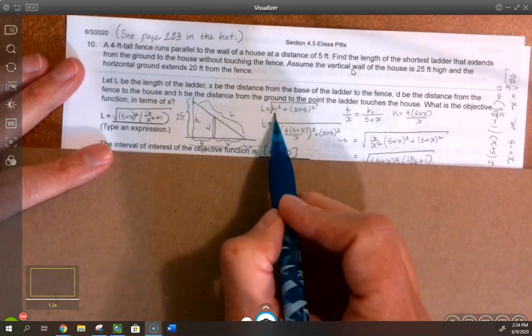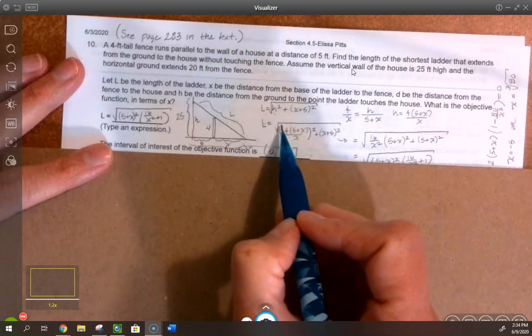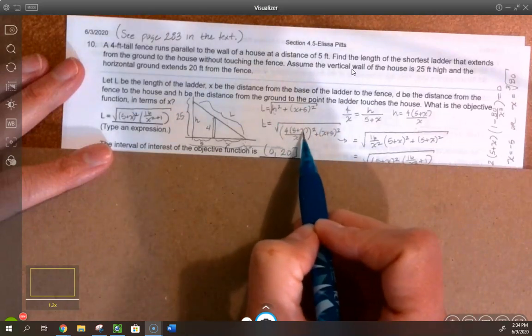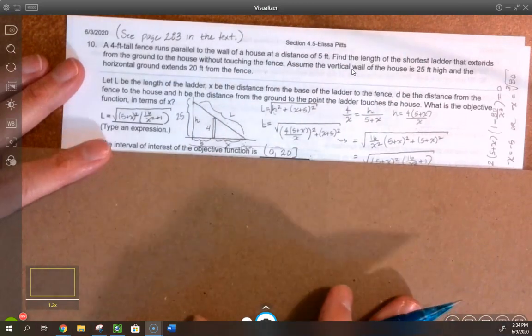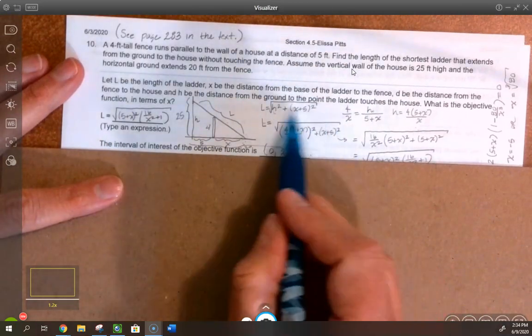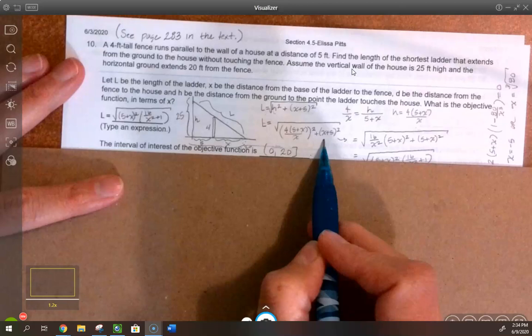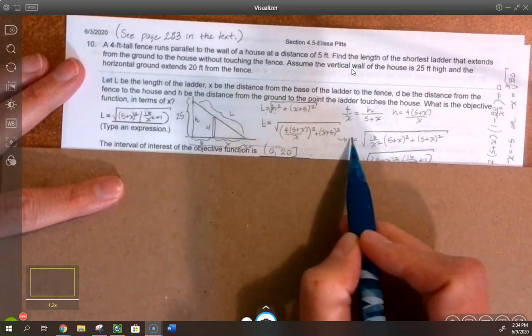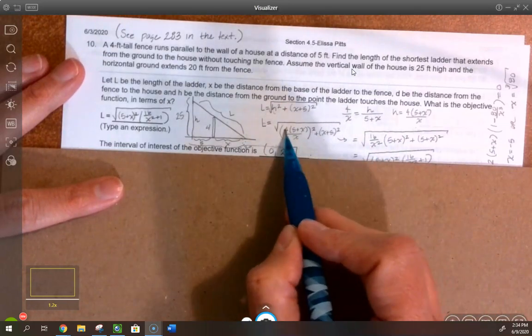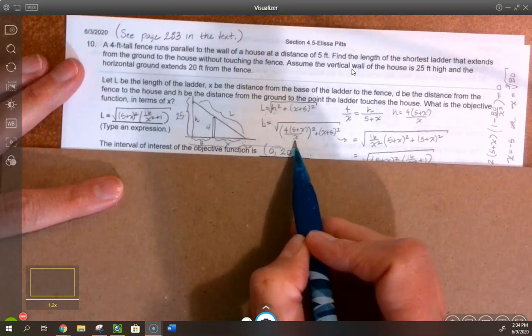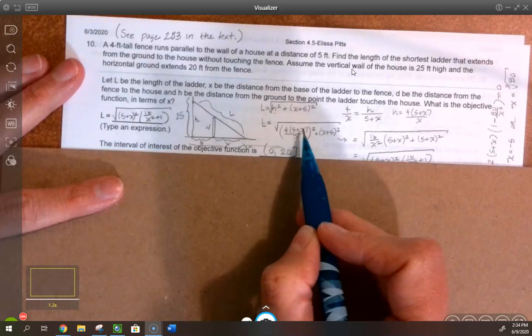Substitute that in for h here, and you get the quantity 4 times 5 plus x over x, the quantity squared. I would be okay if you left it like this. What they did is they multiplied it out. If I square this, I get 4 squared and x squared, which is 16 over x squared. This is x plus 5, or 5 plus x, the quantity squared.